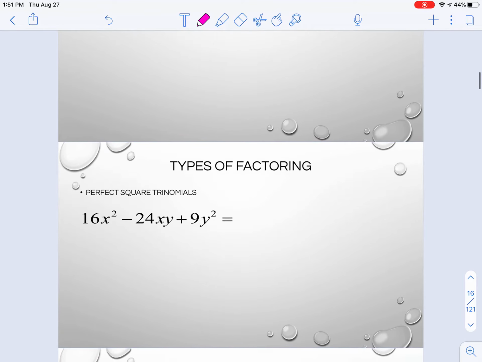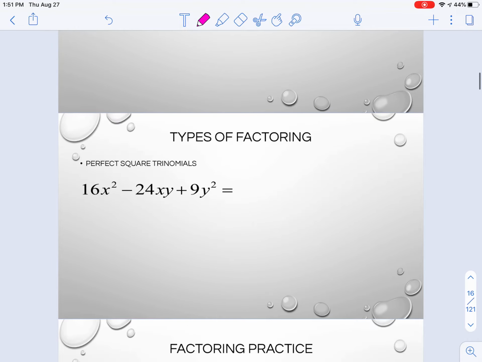Okay, and we just did that one. Okay, here's another one. Because this is a perfect square and this is a perfect square, the square root of this would be 4x. Last term here would be 3y.